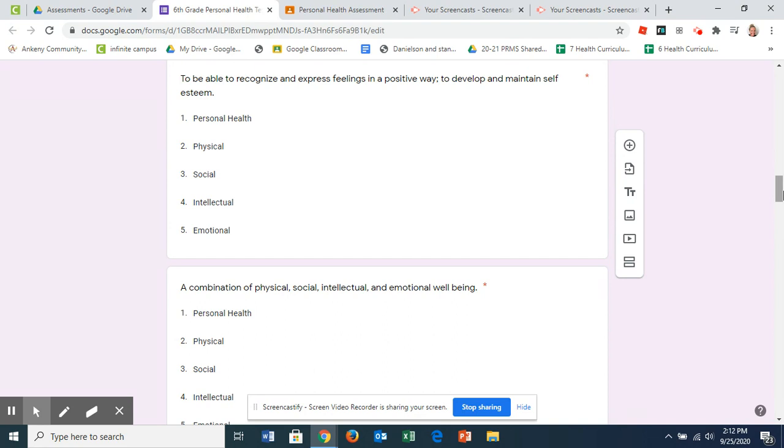On to the next. To be able to recognize and express feelings in a positive way. To develop and maintain self-esteem. Would that be personal health, physical, social, intellectual, or emotional?